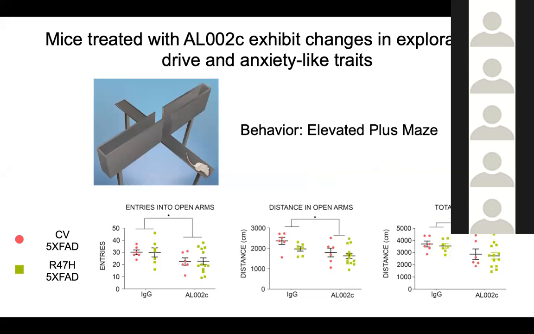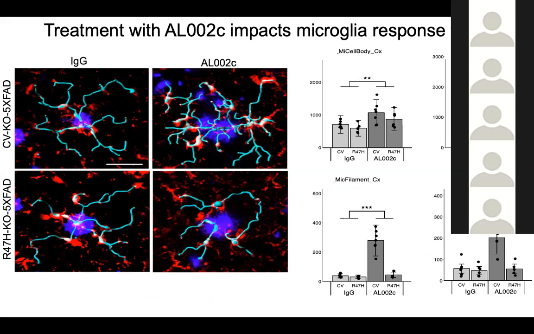So 5XFAD and alpha-7H mice were tested in the elevated plus maze. The total number of entries and the distance traveled in the open arm were significantly decreased in both genotypes. We next directly examined the impact of AL002C on microglia.